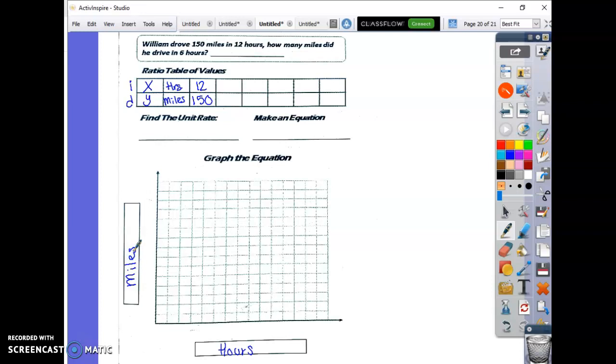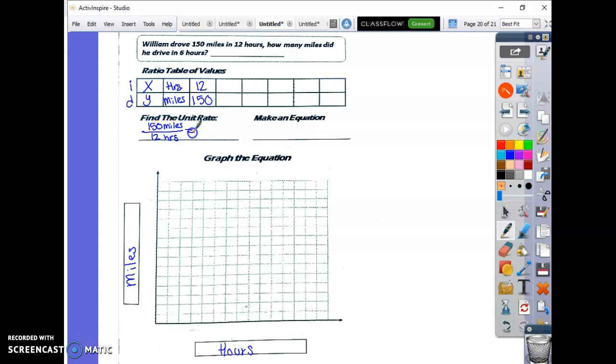And then we're asked, find the unit rate. Well, how do I do that? Well, remember, you take your value for y, which is 150 miles, and divide that by your value for x, which is 12 hours.